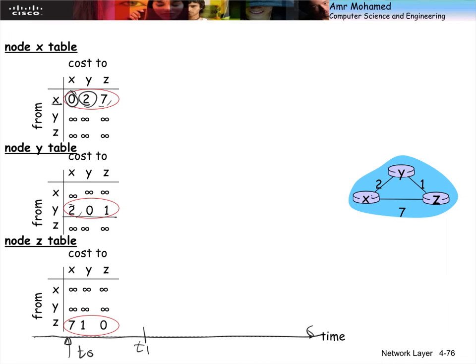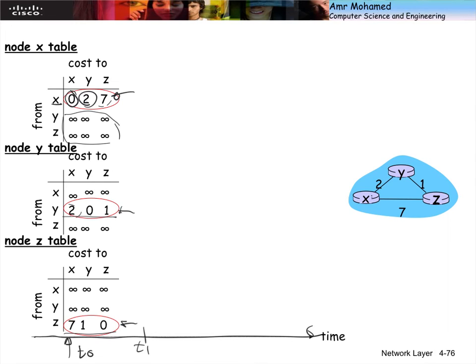So the idea بقى هنا إن at time t1, node x will have to receive the vector of distances from y and the vector of distances from z. So these 2 rows, okay, will have to go here, ماشي? And based on these two rows, now I need to recalculate.